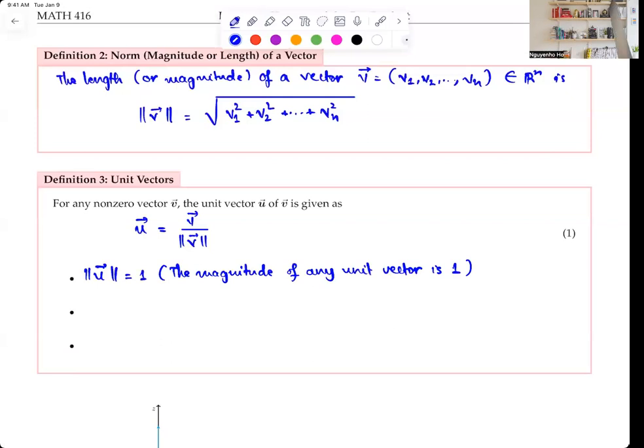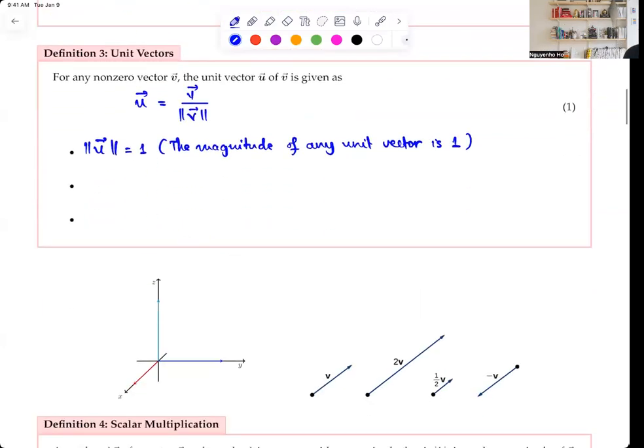Now, because the calculation of u depends on vector v, whatever result you get for u always has the same direction as v. The equation we wrote down here, I call equation 1. Equation 1 is called normalization.